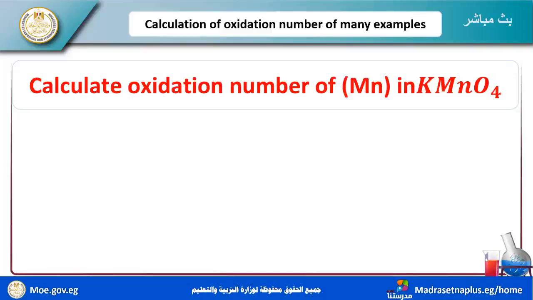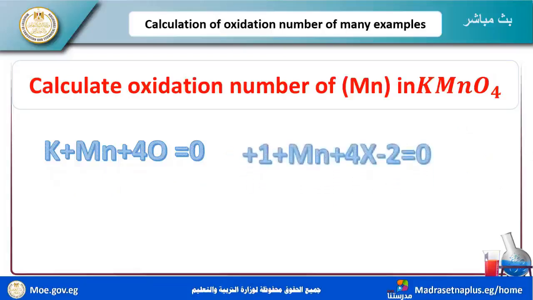Calculate the oxidation number of manganese, Mn, in potassium permanganate, KMnO4. Now K plus Mn plus 4O equals 0.